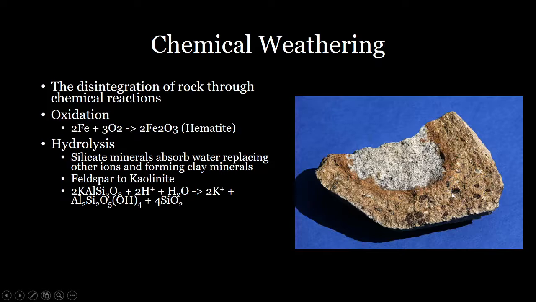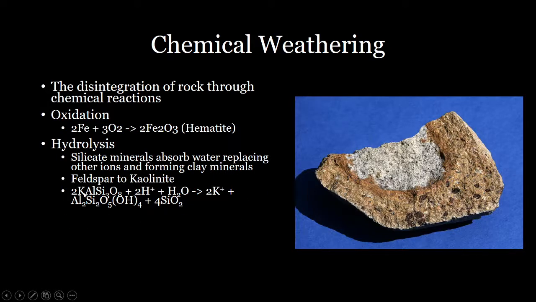The next process is hydrolysis. Silicate minerals can absorb water slowly over time, and that water gets incorporated into the chemical structure of that mineral, and it can form clay minerals instead. The most common example of this is feldspar that experiences hydrolysis and gets converted into kaolinite, which is a type of clay mineral.